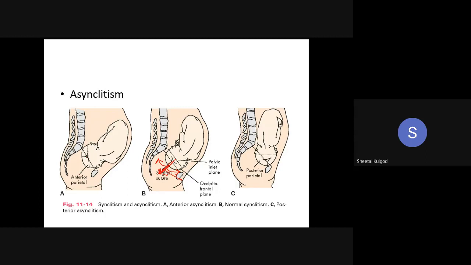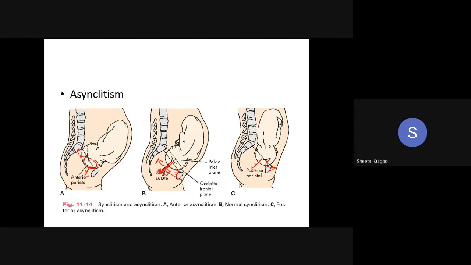Whenever the sagittal suture is tilted towards the sacrum, the anterior parietal bone is the one which is presenting, or you can feel more of the anterior parietal bone. So this is called anterior parietal or anterior asynclitism. Understood? In this slide figure, you can see the sagittal suture is more towards the anterior, and the posterior parietal bone is the one which is presenting.